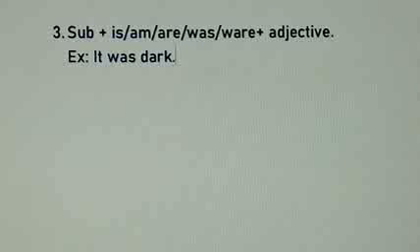In the sentence, it was dark. How was it? If you ask the question how was it, the answer will be dark. So dear children, dark is an adjective in the sentence.